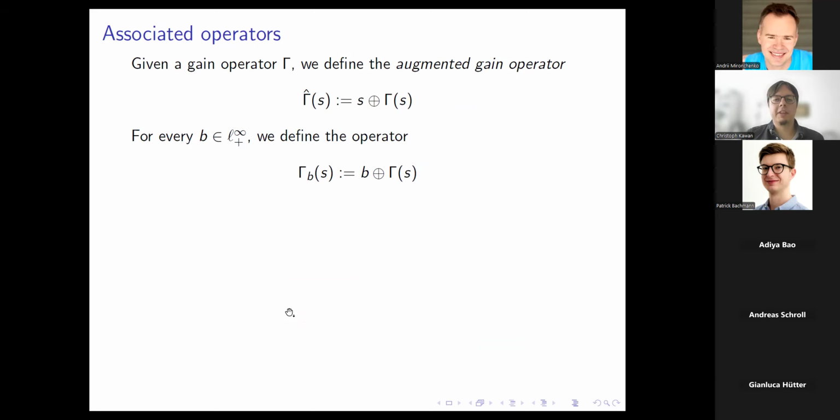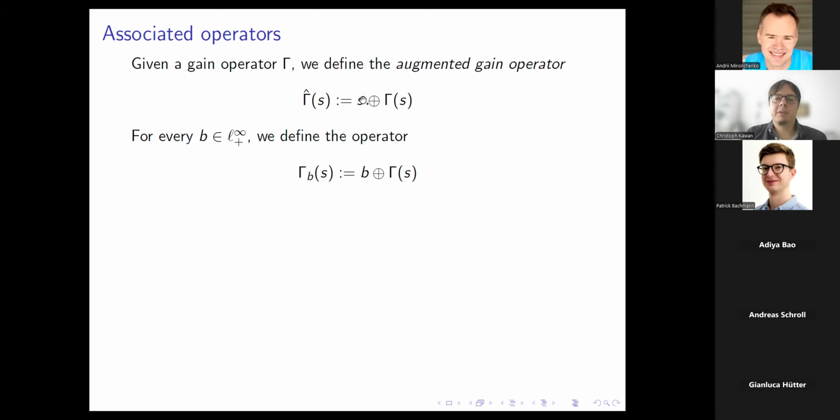So the first thing that I'm doing here to say something about the existence of a path of strict decay, I define some operators associated with a given gain operator. First one is the one that I call augmented gain operator, so gamma hat of S. So what is this?